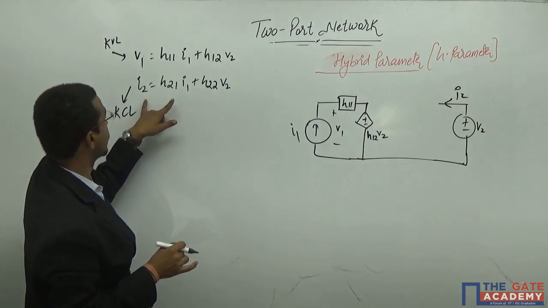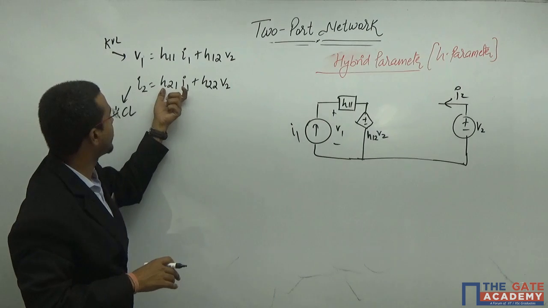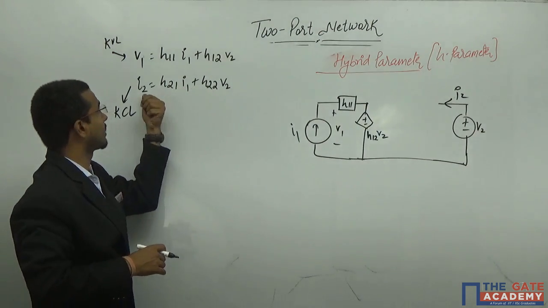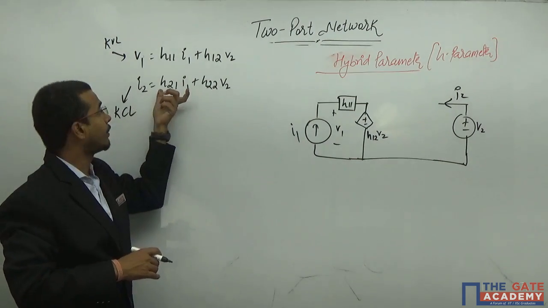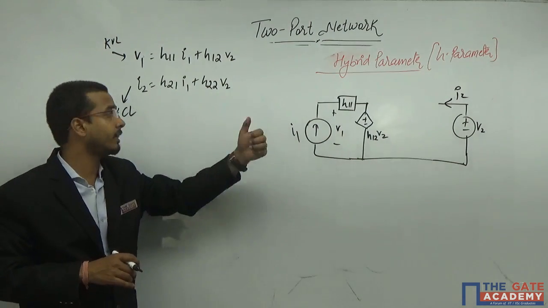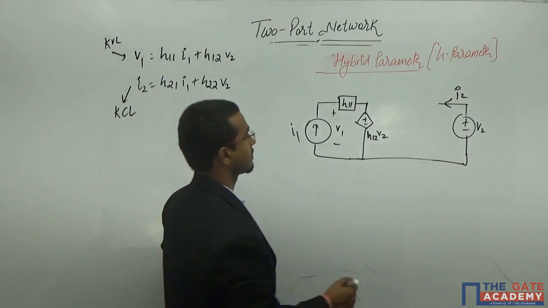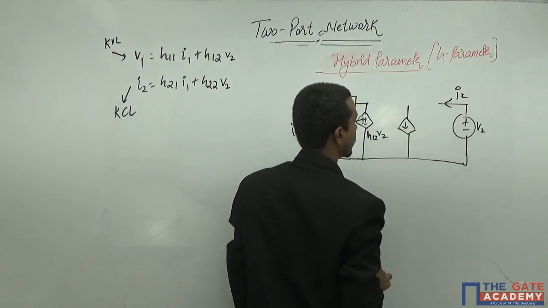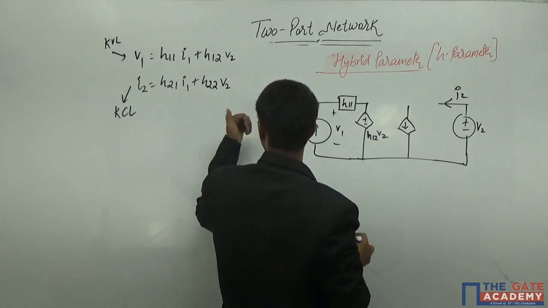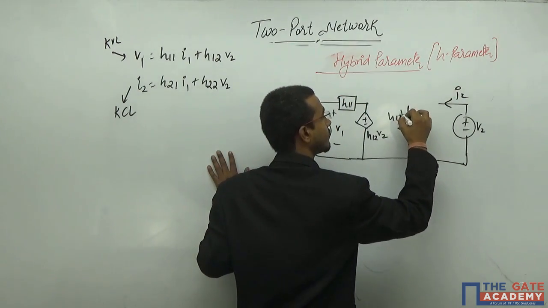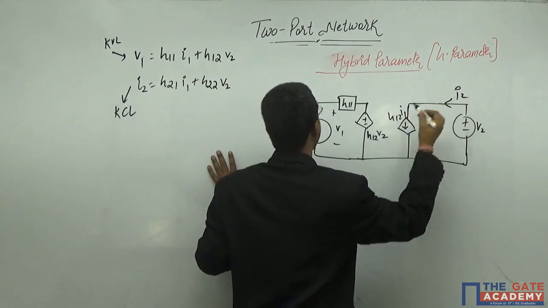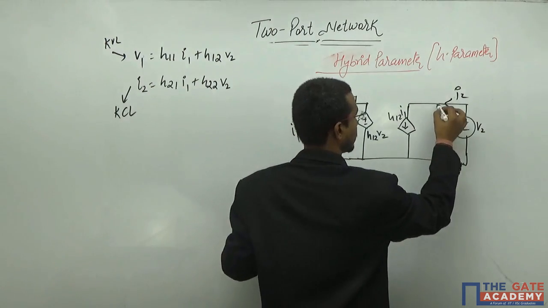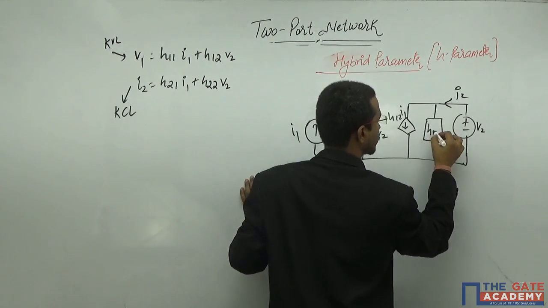Now for the second side you will write down the currents, and this particular factor is a current, because the left side is current, and whose value is dependent on the current in the first side. That means here you will get one dependent current source whose value is dependent on the first side, and it is voltage multiplied by admittance equals current. That means here you will get H22.